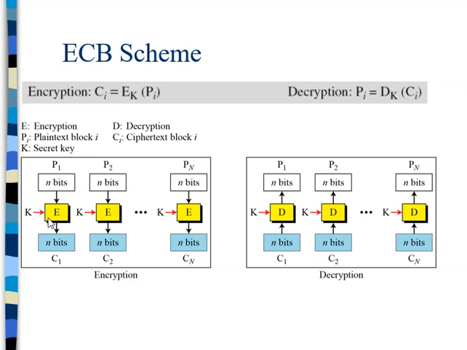Each block is encrypted using a key and will produce a ciphertext. P1 is encrypted with key K and produces C1. Similarly, P2 is encrypted with the same key and produces the second part of ciphertext C2, and so on.